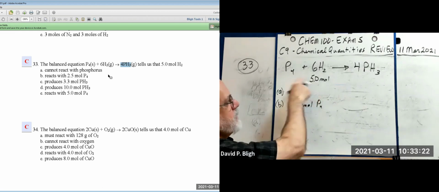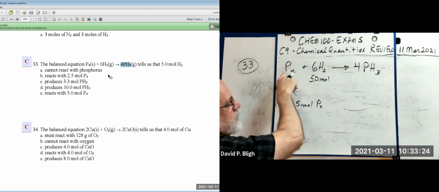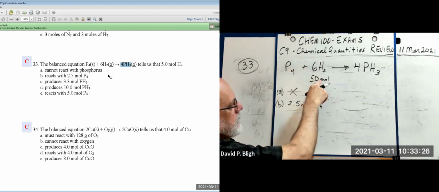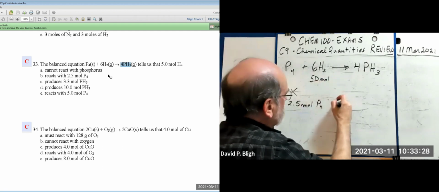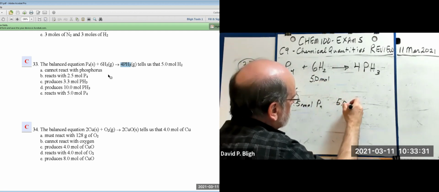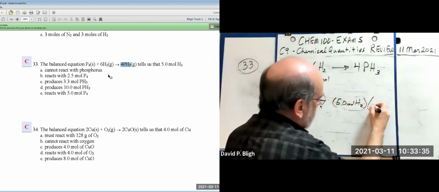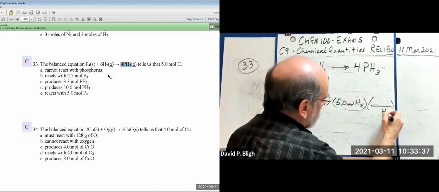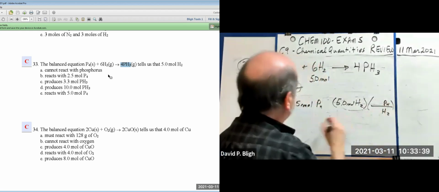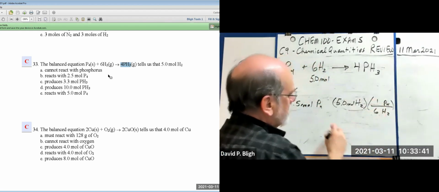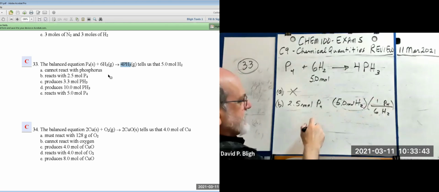How much P4 is required? Well, 6 to 1, right? So if we have 5 moles of hydrogen and we convert it to P4, there's 1 there, 6 there, 5/6.